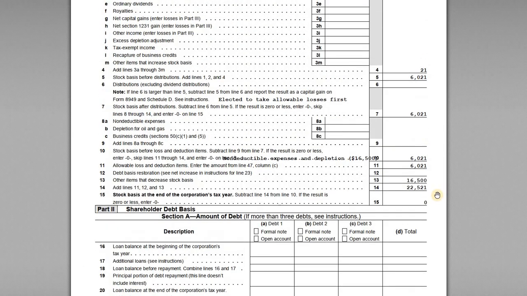Now, completing the rest of this, right? It does ask us here on line 13 to enter the items we would have seen on 8a, 8b, or 8c. So there's the non-deductible expenses, $16,500. It asks us on line 14 to total up these three lines, 11, 12, and 13. And so our stock basis at the end of the corporation tax year is still 0, right?